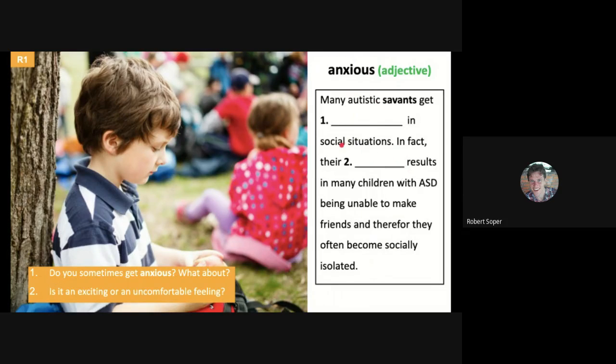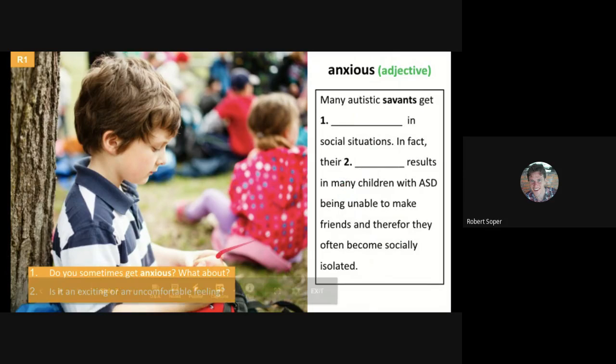And this is the subject of the sentence being followed by the verb results. And we know in the subject of a sentence, we are going to have a noun somewhere. So anxious would need to be changed to a noun, and that would be anxiety.